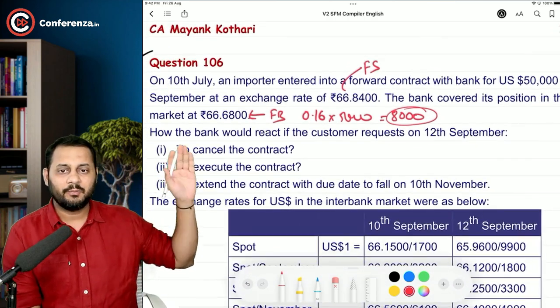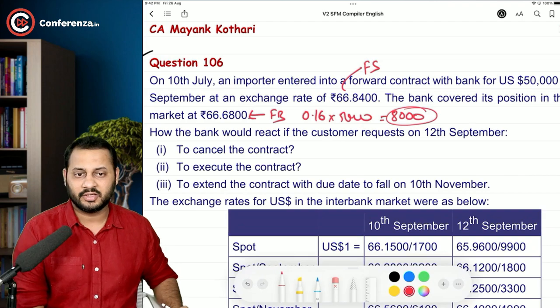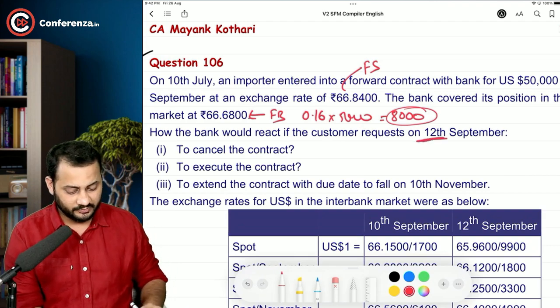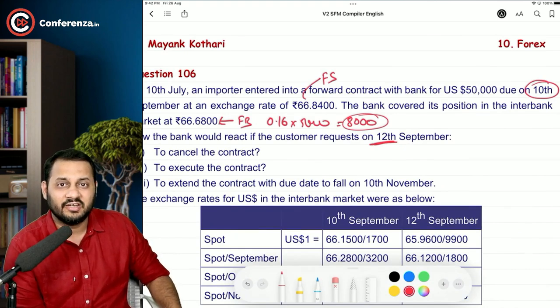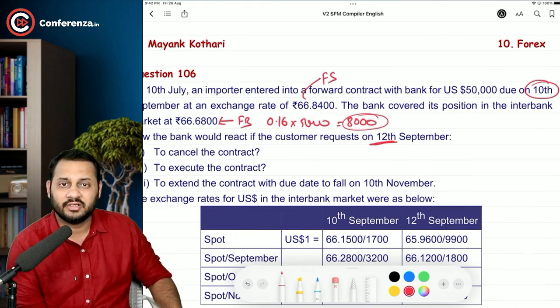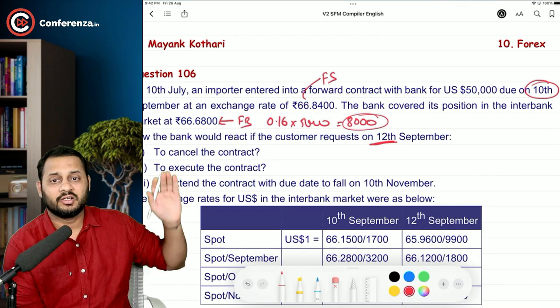How would the bank react if the customer requests on 12th of September? The due date was 10th of September. He has defaulted, and once the customer defaults, there are few things that the bank will recover no matter what the customer requests.